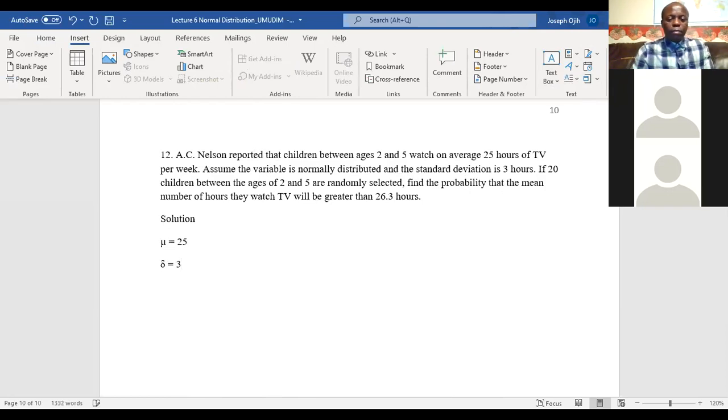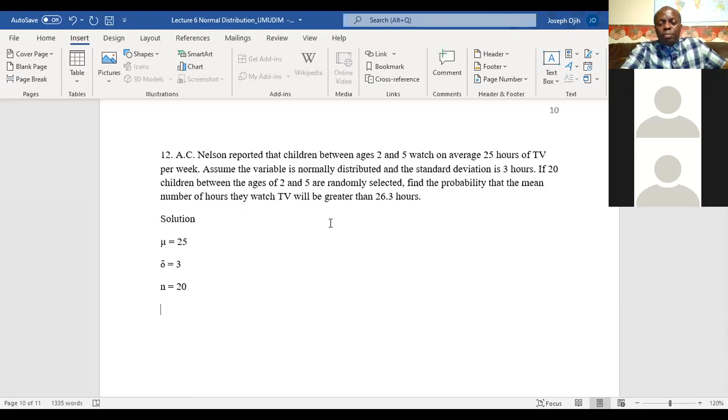It says if 20 children were selected, so n, the sample size, is 20. See, we added 20, and then we find the probability that the sample mean of the number of hours.